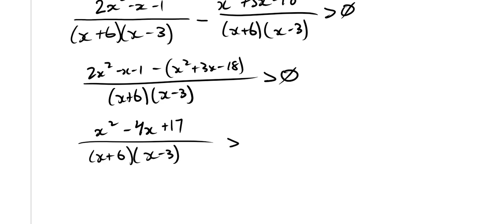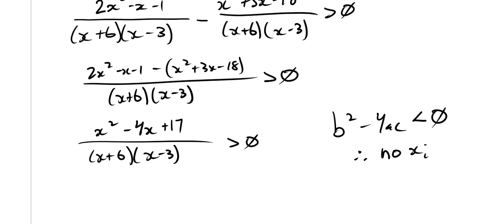Oh yeah, something really cool happens here. Very quickly. When I look at that, it does not look factorable. What should I do? So I'm going to check the discriminant and see what's happening on top. And in fact, when I do that, b squared minus 4ac is less than 0. Therefore, this has no x-intercepts.